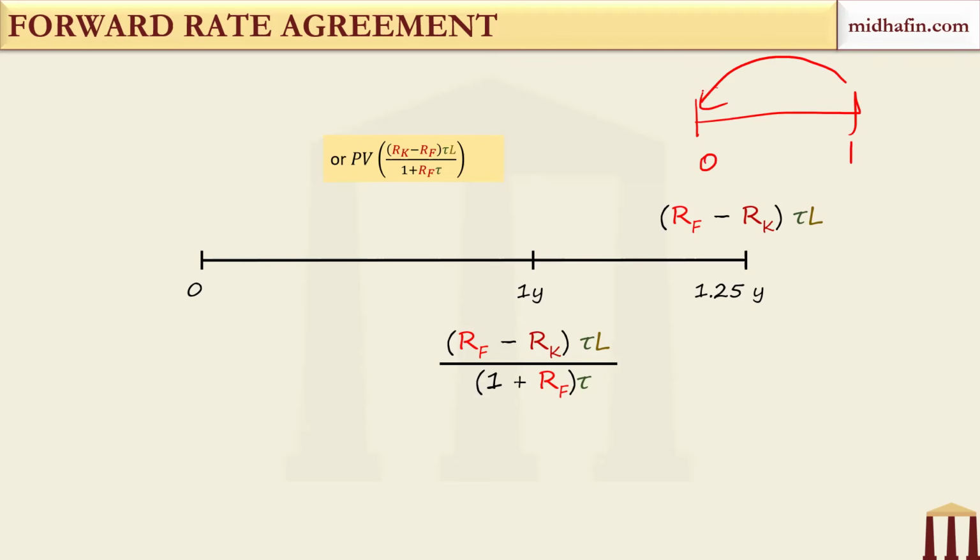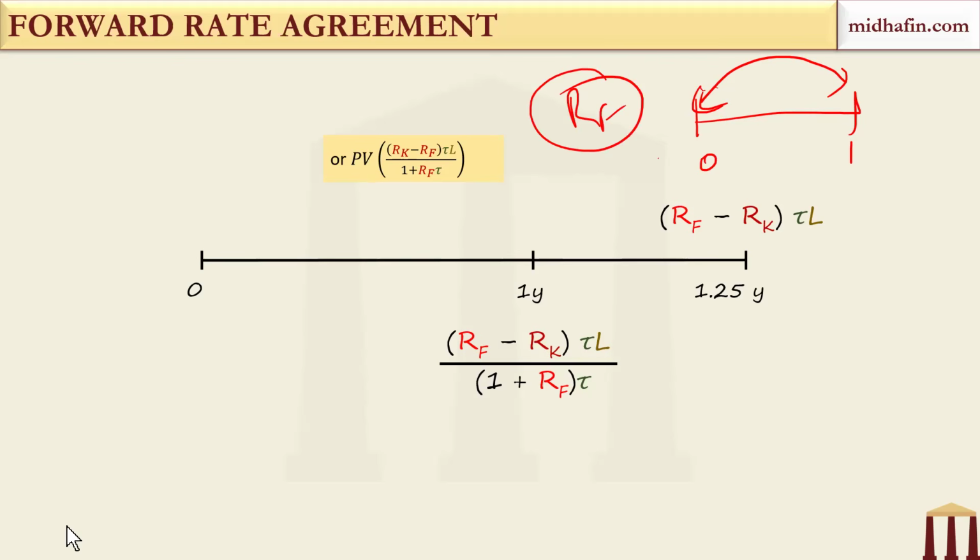The interest rate applicable between these two times, right? Agreed or not? So the interest rate applicable between 1 and 1.25, the market interest rate, is RF only. So the discount rate is always RF over here, okay?